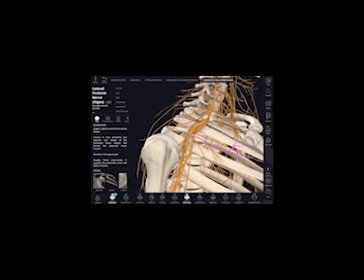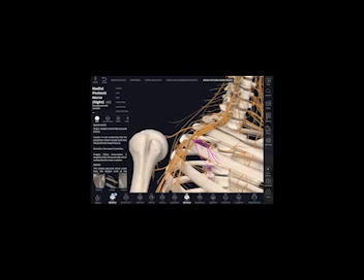Okay. And then this is the medial pectoral nerve. So now you can appreciate how the lateral and the medial pectoral nerves are each originating from a different cord, lateral cord and medial cord, but they come medially and innervate the pectoralis major. And particularly the medial pectoral nerve innervates the pectoralis minor as well.